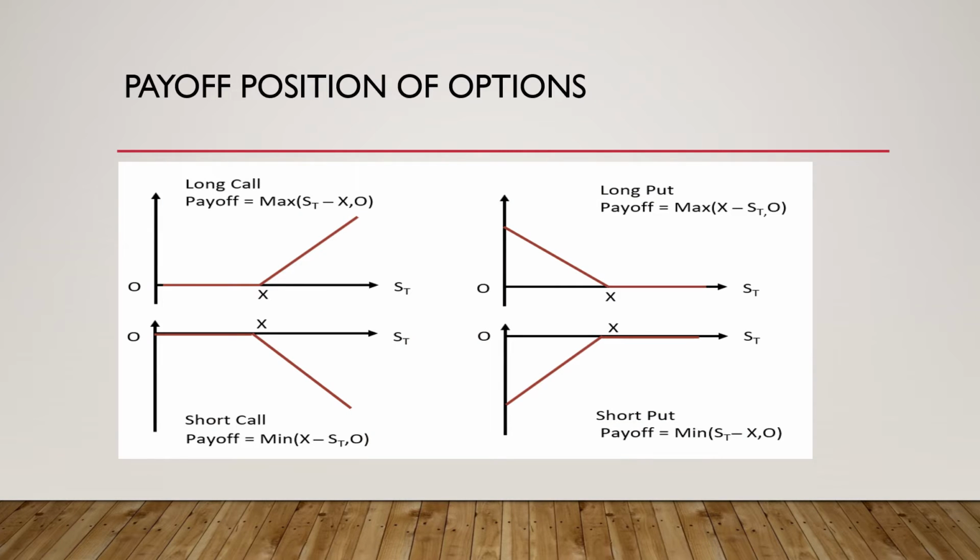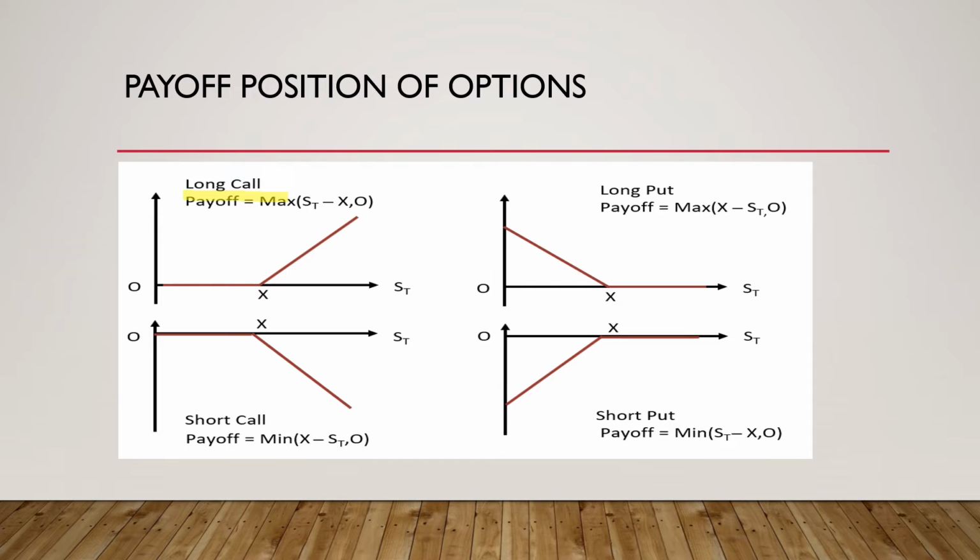As you can see here, if you are buying the call option, which is what we call the long call, it's very distinctly mentioned here. In case of a long call, the payoff is max of (S_t minus X, 0), which means that if the difference becomes negative, then the max of it would be 0, and 0 would be the only value considered. What does this mean?